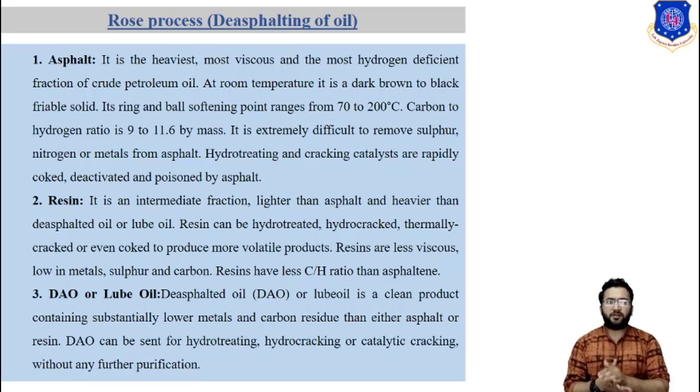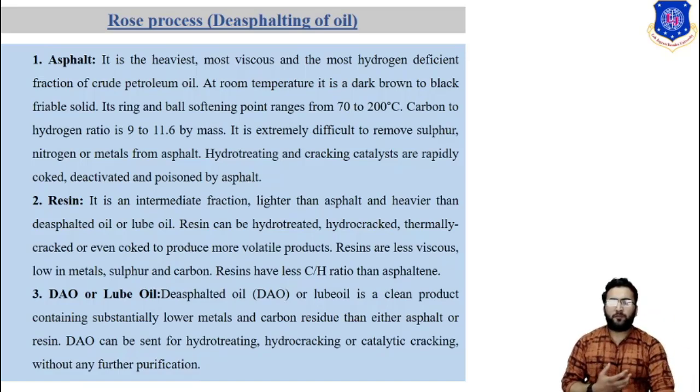Thus, energy consumption in conventional propane deasphalting is very high and it demands the use of new technology. The residuum oil supercritical extraction, which means the ROSE process, is a new technology developed to replace this conventional propane deasphalting process, and it consumes less energy than the conventional process.